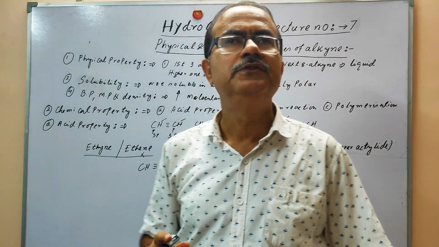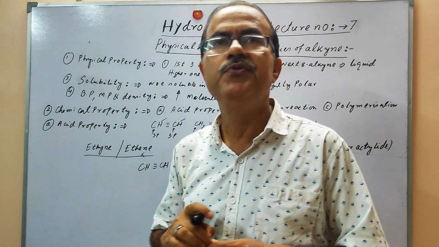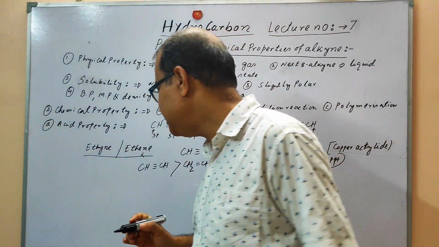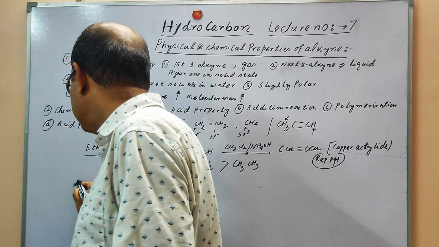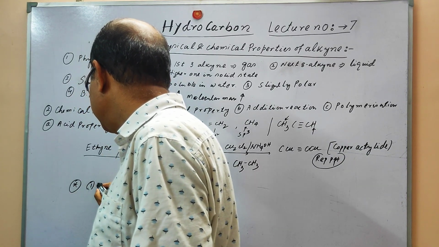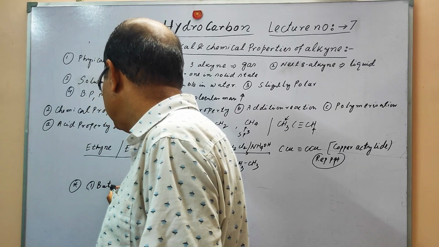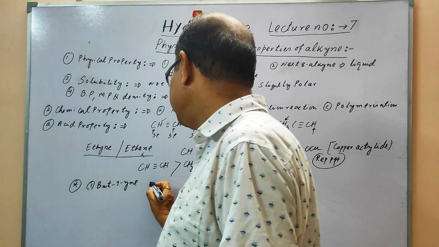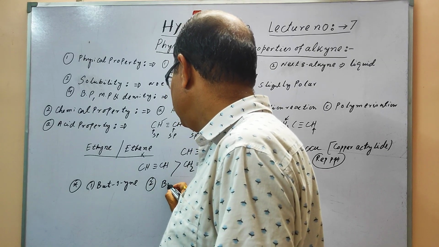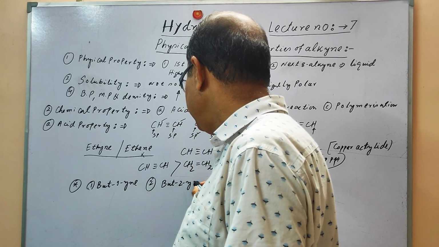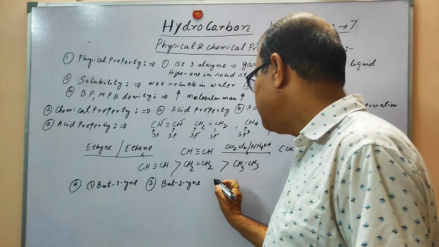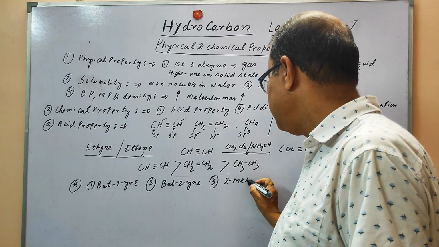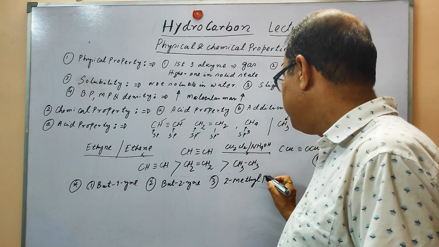The question is, there are 3 isomers of butyne. How are you able to distinguish these 3 isomers? What are those 3 isomers? One is but-1-yne, another isomer is but-2-yne, and the third isomer is 2-methylpropyne.